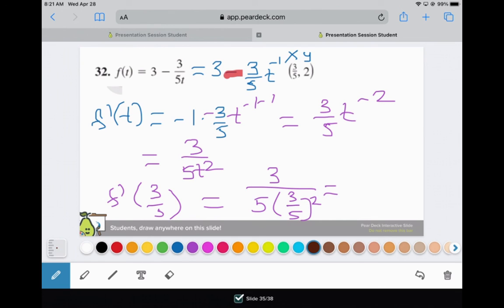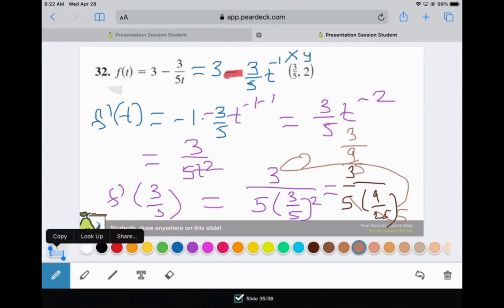If you have a graphing calculator, put it in, I have no problem. 3 over 5 squared is 9 over 25. We can simplify this. I'm going to write it up here. 3 over 5 divided by 9 over 25 is the same thing as multiplying by the reciprocal, so this is going to give you 15 over 9.